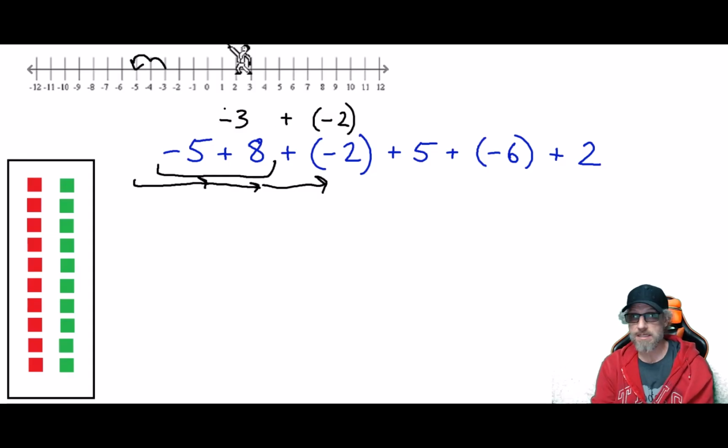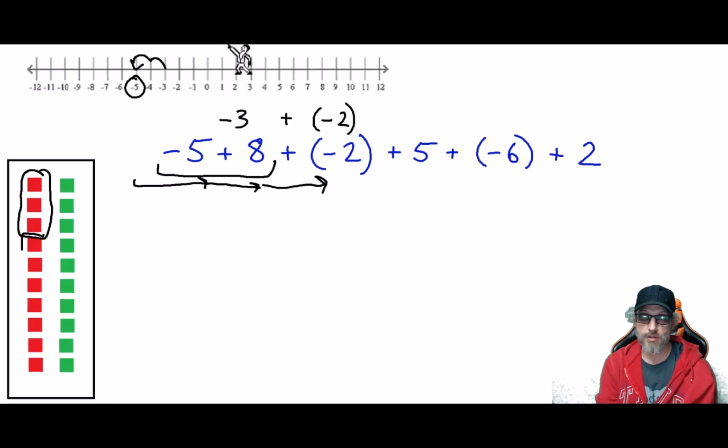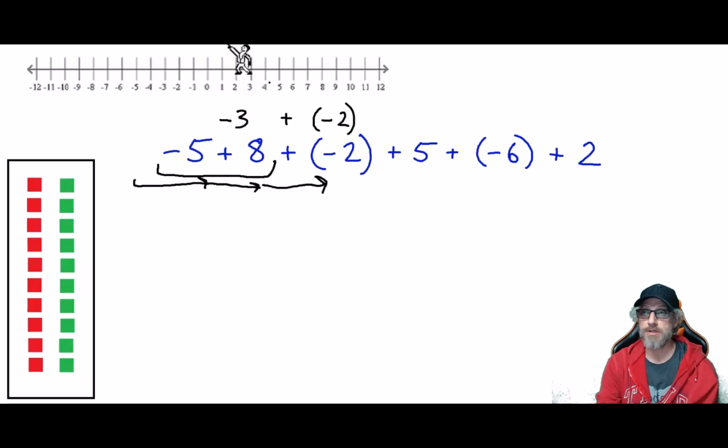Thinking about a money example, we have $3, now we owe 2, so we're left with 1. Or our visual aids, 3 green units, plus negative 2, 2 red units, and we see a total of 1 green unit left.